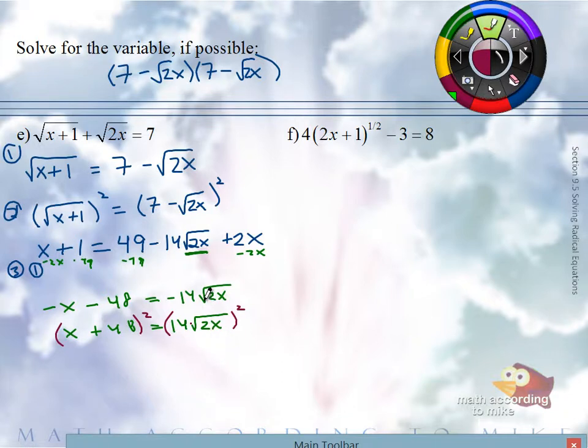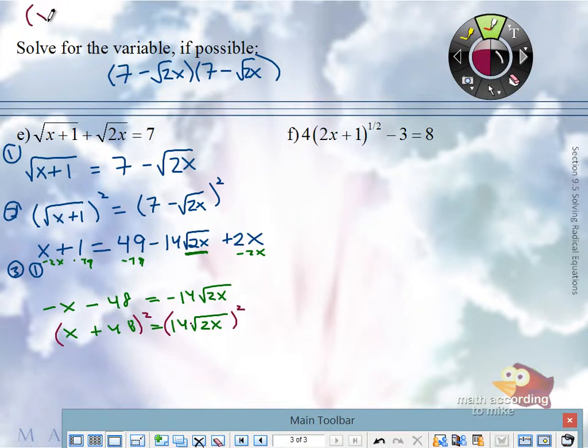So we could isolate the radicals by dividing everything by 14, which is totally fine. But if we did that, in the next step, we'd have to FOIL with fractions, because these would not reduce. So I just suggest we keep the 14 where it is to avoid fractions for now. Right. So if you would, FOIL, square.